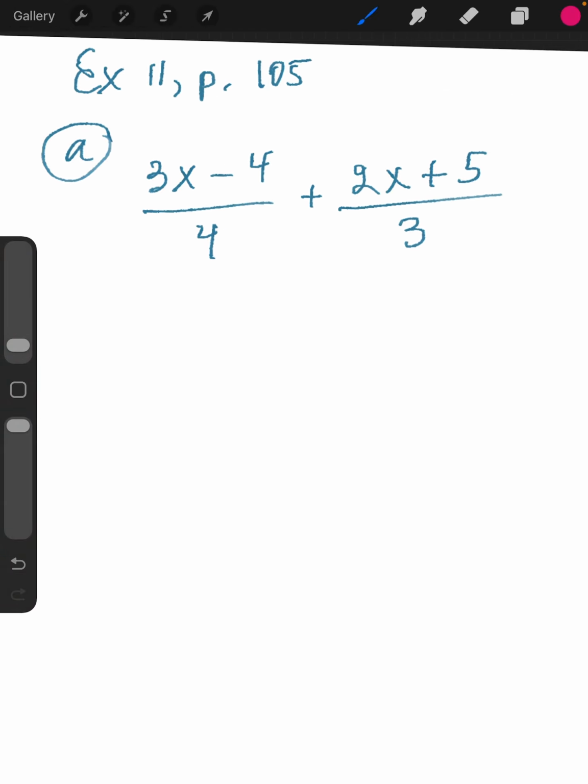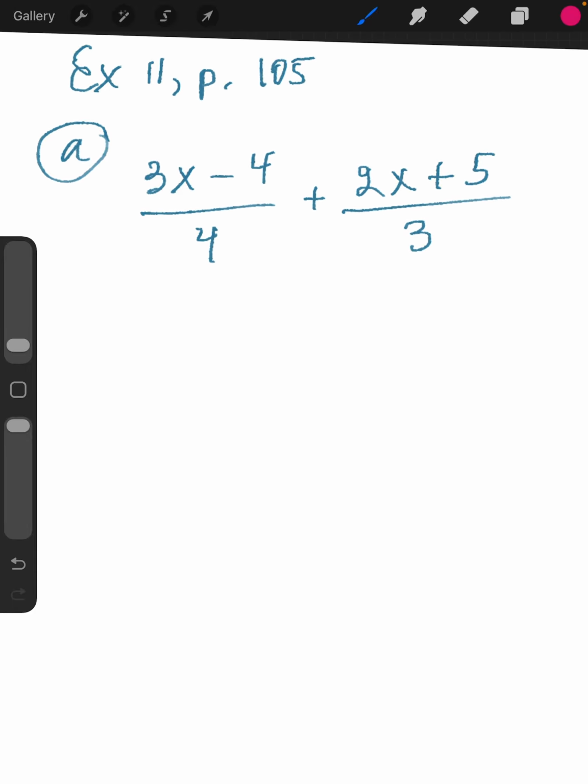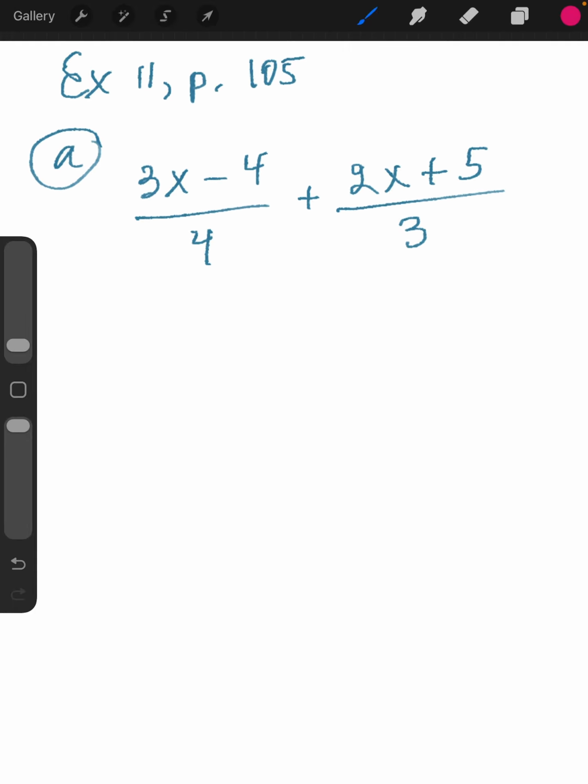All right. So please look at other examples on page 104. Okay, and together we're going to look at example 11A on page 105. All right, so here we have expressions in fractional form, and maybe it feels a little startling.